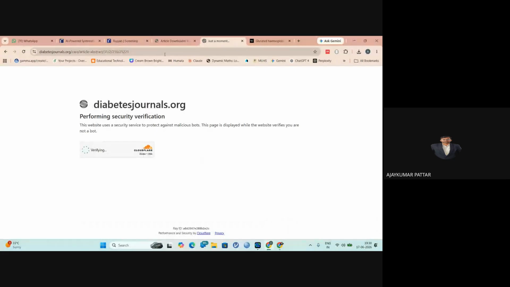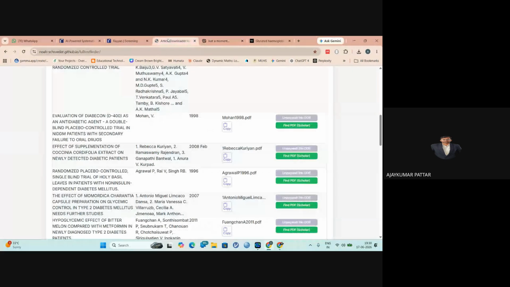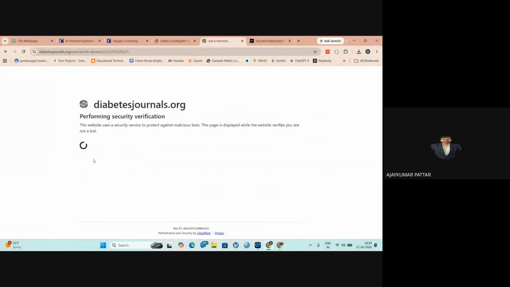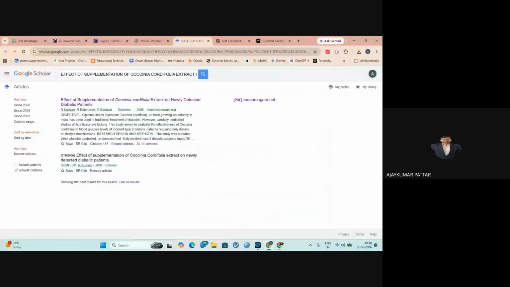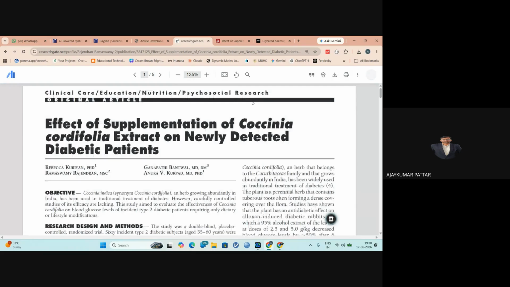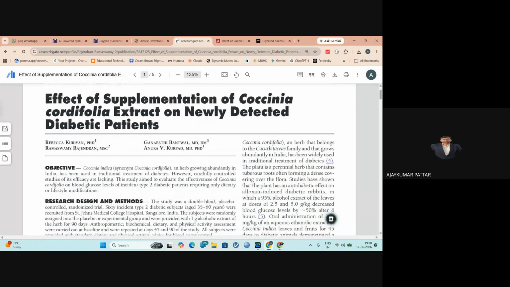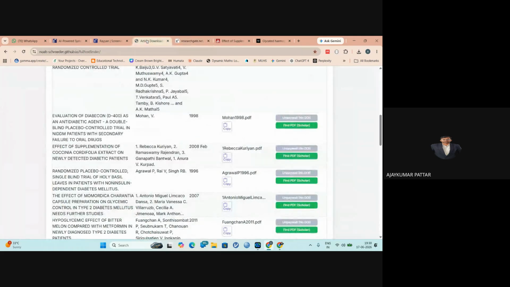So this is from Diabetes Journals. That's why it is taking time. It is verifying. And the PDF is available in ResearchGate also. So I will click here. The effect of supplementation in newly detected diabetes patients.